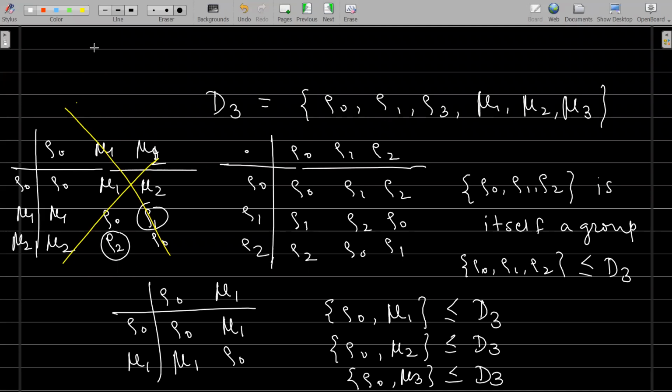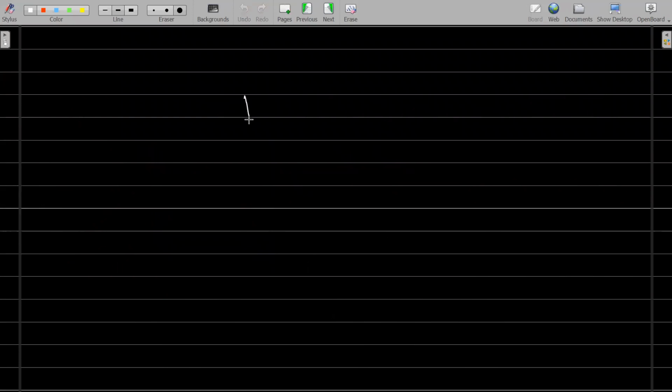Let's talk of even Klein 4, which we saw yesterday. What was Klein 4? It was an abstract group with 4 elements, and many order 4 groups behave something like Klein 4. So for every element, the square is identity, right?